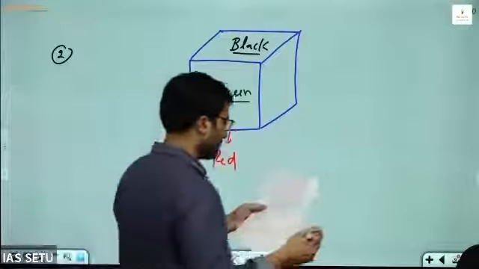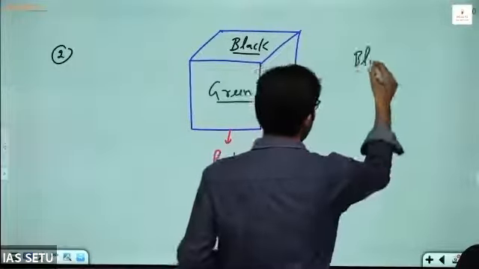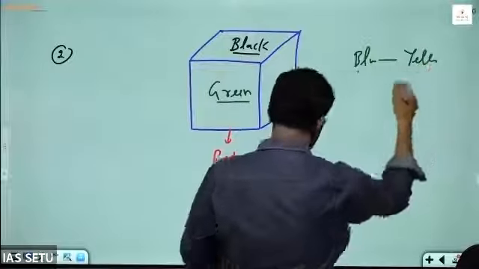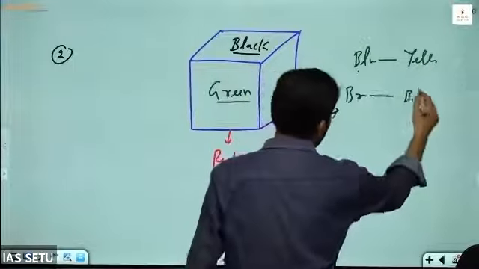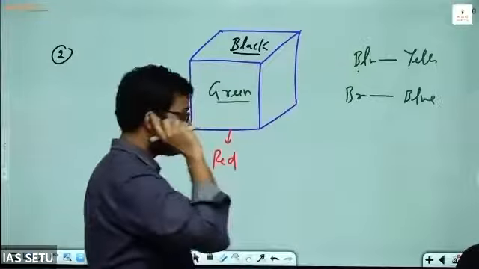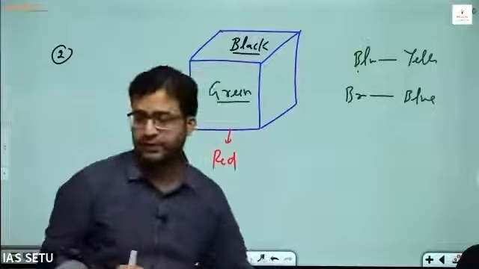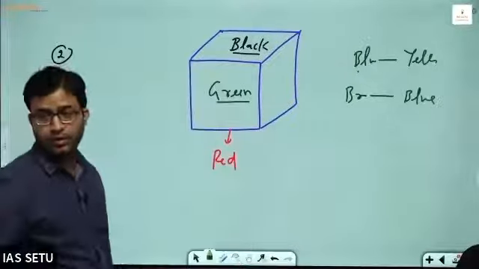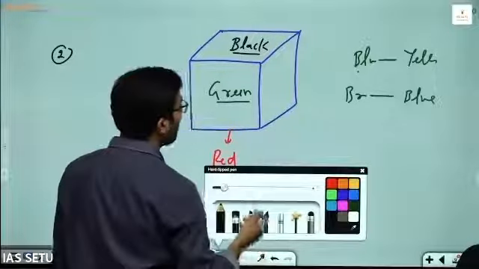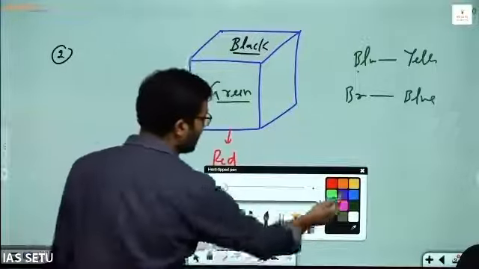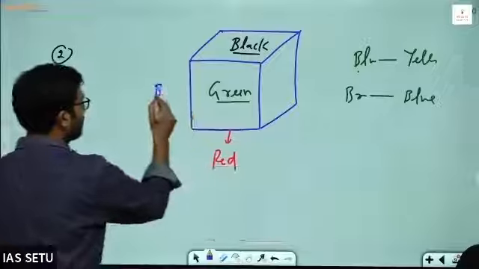After that we have 2 more statements. Here blue is adjacent to yellow. And next is brown is adjacent to blue. So once you fix the position of green, Jisan or those who have told me front, they will tell me if I fix green here front, can I put blue on the left side?